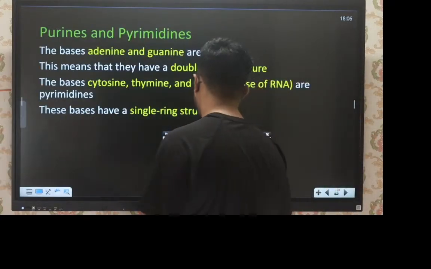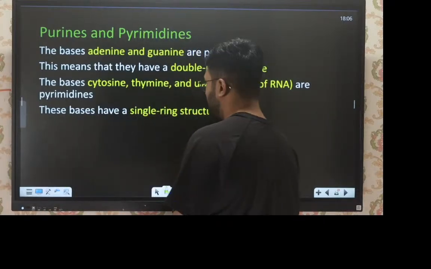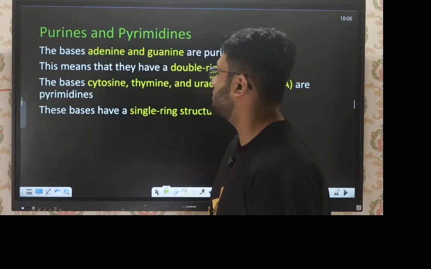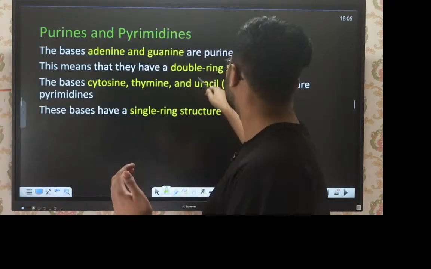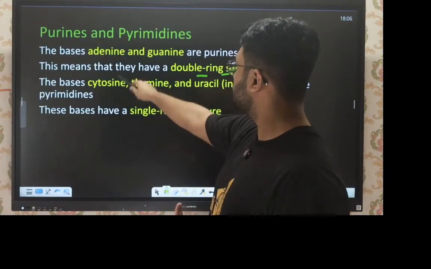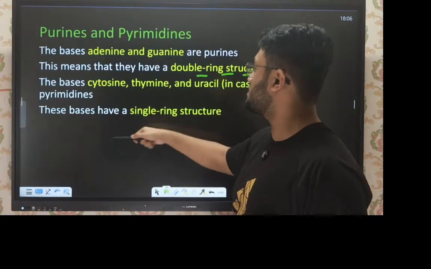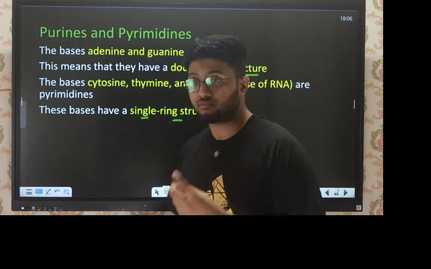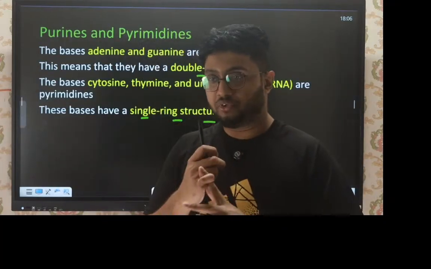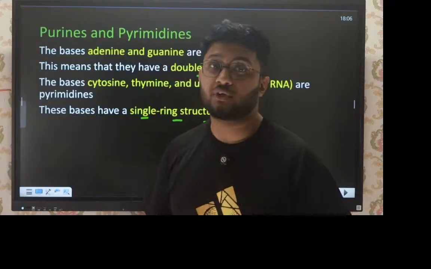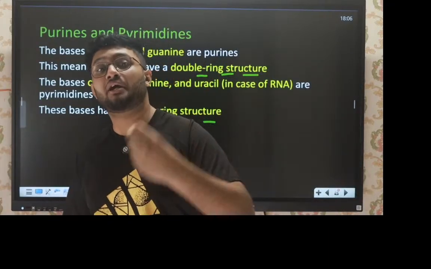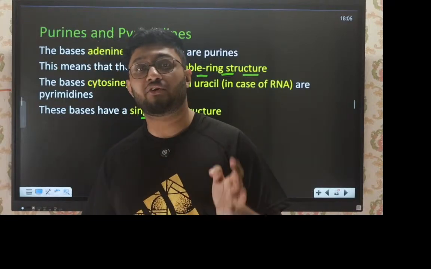Alright, for our purine and pyrimidine bases. The purine bases are the bases that have a double ring structure, 2 rings, and pyrimidine bases are bases that have a single ring. We have 4 nucleotide bases: 2 are purines and 2 are pyrimidines. I'm going to recap.